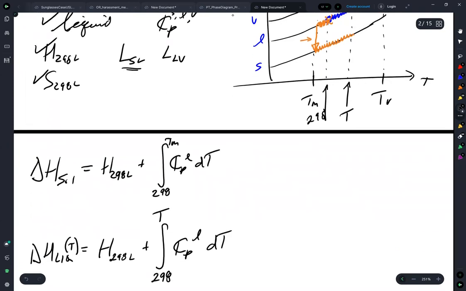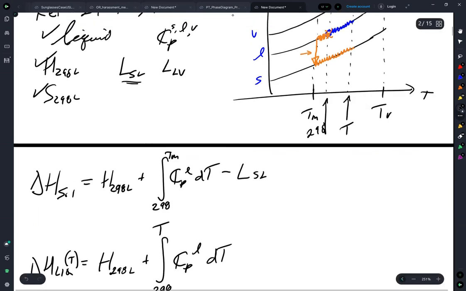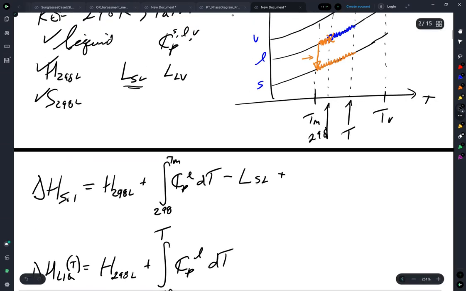That means that this has to be minus SL, because we're going down as opposed to going up. And now that I'm in the solid phase, I integrate from the melting temperature to the temperature T.